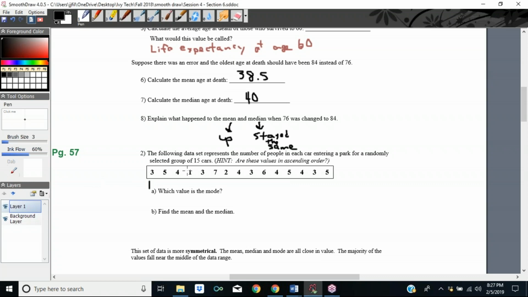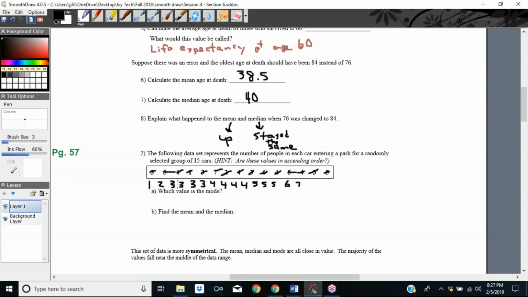So we have a 1, we have a 2, looks like there are 4 3s, and then let's see, 1, 2, 3, 4 4s, 3 5s, a 6, and a 7.